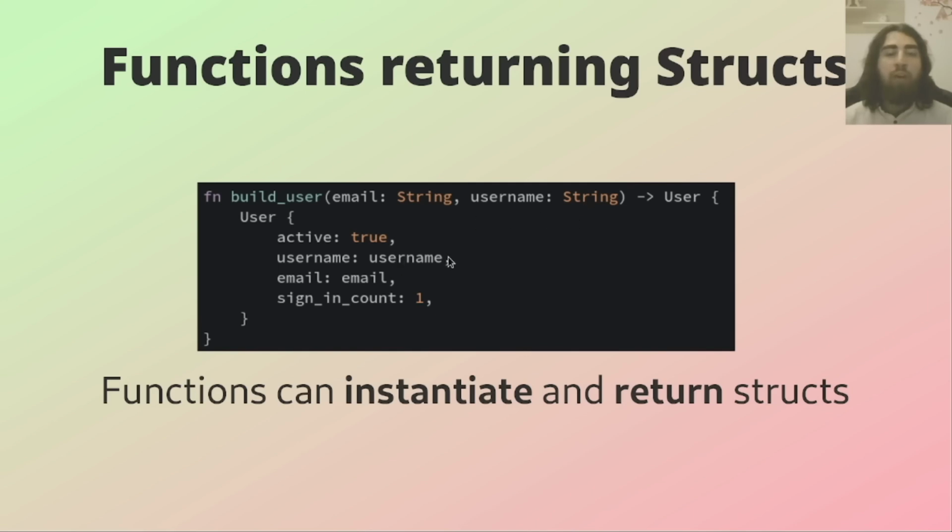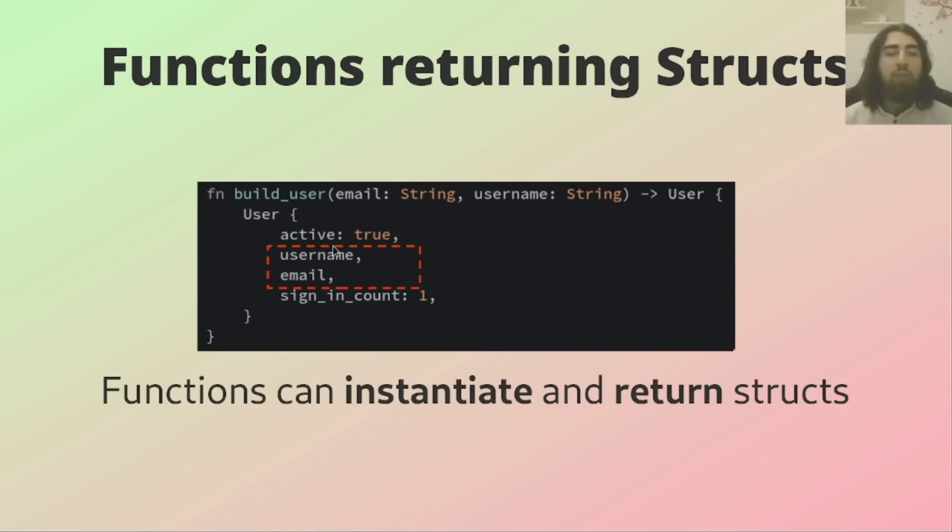And then it provides it to the username field and to the email field. Now in this case, we are repeating ourselves, as you can see. And we can avoid this by just using this shorthand syntax. So if the name of a field and the name of a variable or argument matches, then we can write it like that. And this just makes it less verbose.